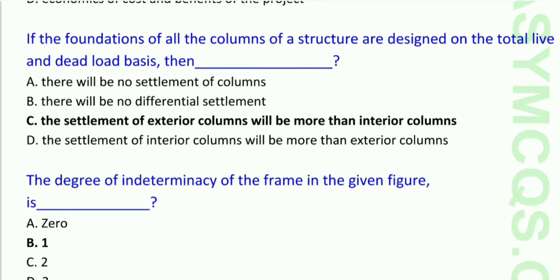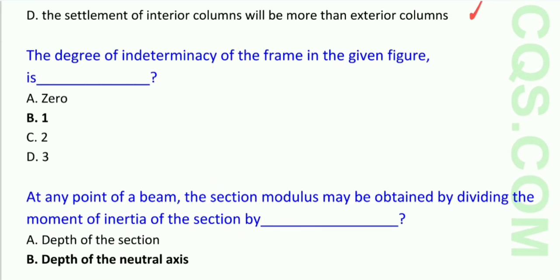C is right. If the foundations of all of the columns of a structure are designed on the total live and dead load basis, then the settlement of exterior column will be more than interior column. C is right. The degree of indeterminacy of the frame in given figure is 1.